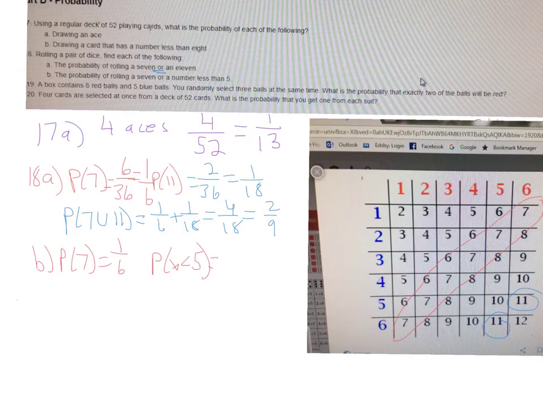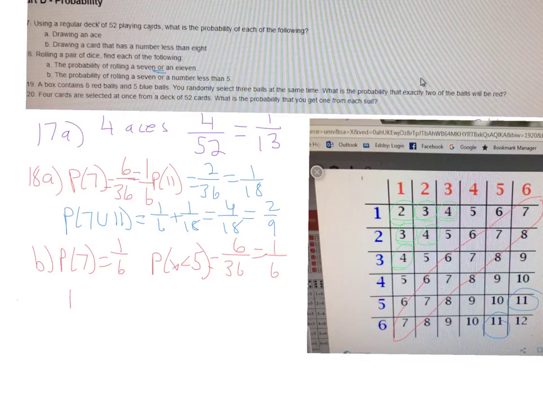And when we're looking for that, we're going to go back to the chart, and we're going to look for anything that's lower than 5, because it does say less than 5, not less than or equal to. So we've got 1, 2, 3, 4, 5, 6 numbers in that chart that are less than 5. And so 6 out of the 36, or 1 in 6.